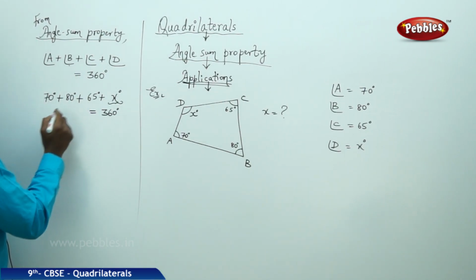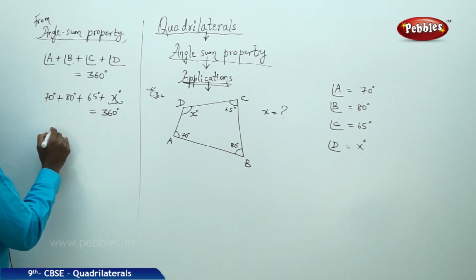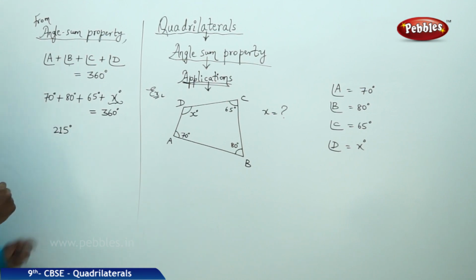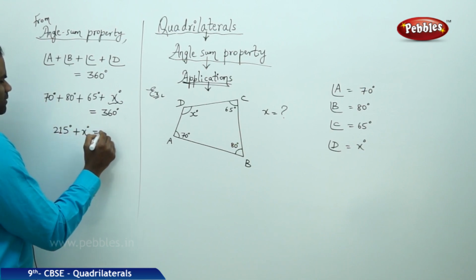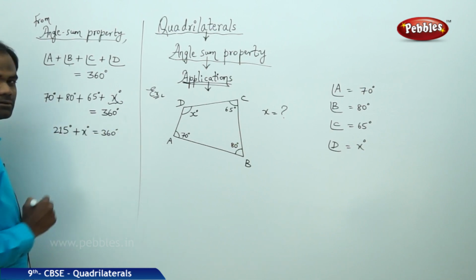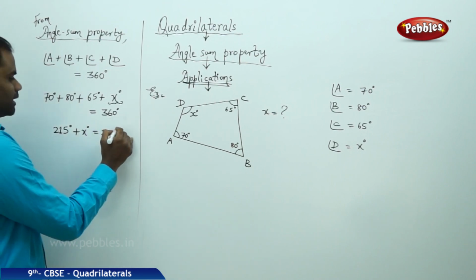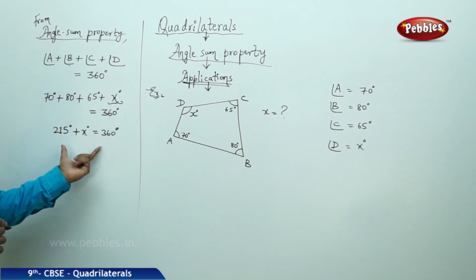Let me add all these three. 70 plus 80 is 150. 150 plus 65 is 215 degrees, is what we get. Plus X degrees equals 360 degrees is what we get when it is further simplified.